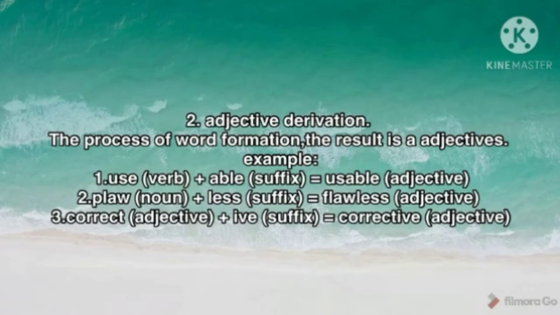Okay, for the second example, the word flaw plus less equals flawless. Here, flaw is a noun and less is a suffix. This process results in an adjective, flawless. The example is correct plus ly equals correctly. Here, correct is an adjective and ly is the suffix. This process returns correctly.